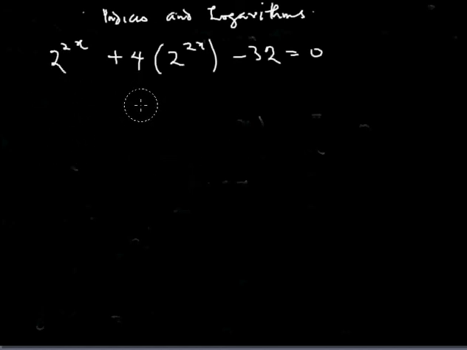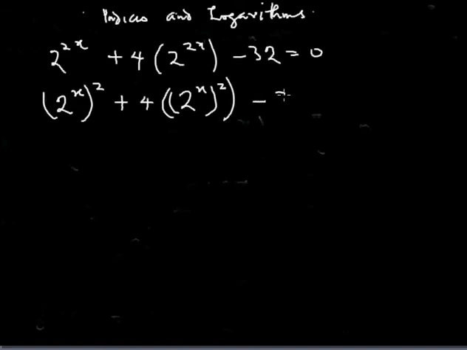You don't have to adopt this. What you need to do is so simple. Since you have it in this format, rewrite it like 2 raised to power x into 2, plus 4 into 2 raised to the power x into 2, minus 32 is equal to 0.